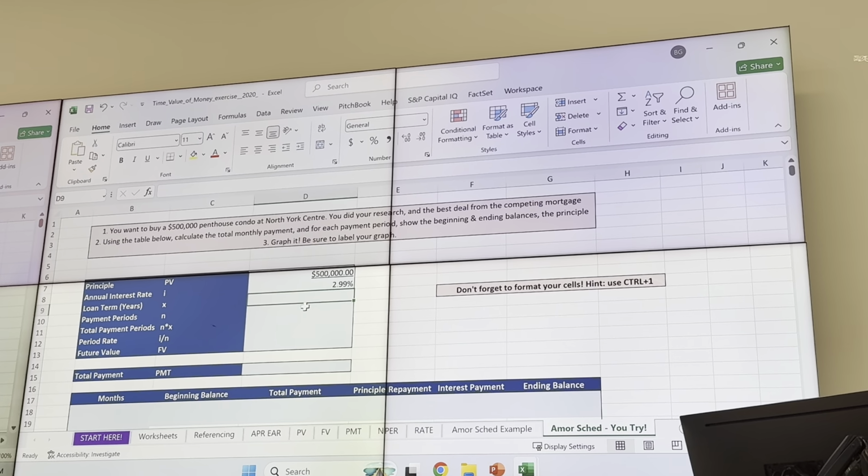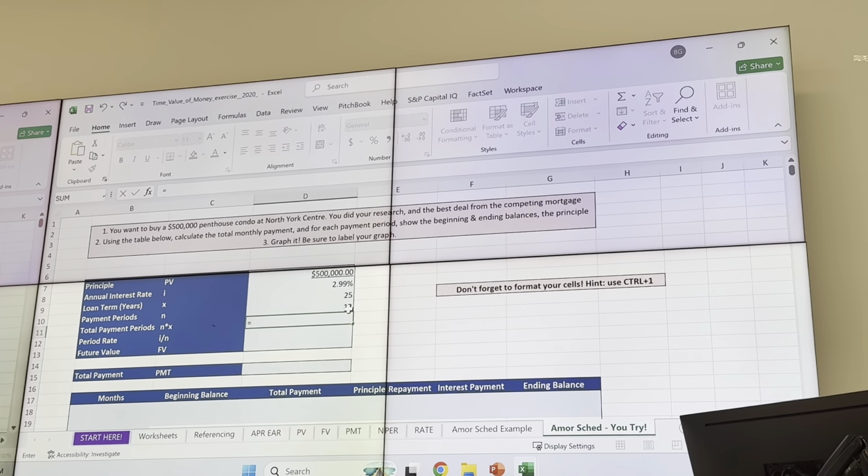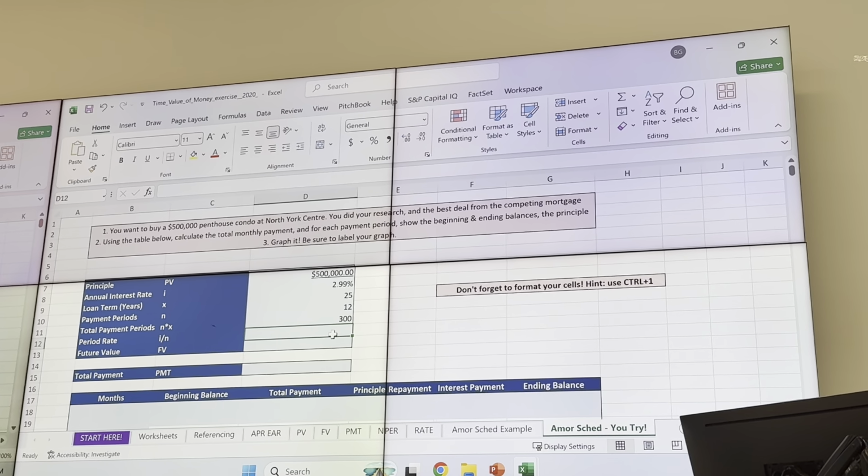So let me input the values. Loan term, number of years, 25 years. It is compounded 12 times a year. Total payments would be N times the compounding periods, which is 25 years compounded 12 times. Multiply this by this, and that's your total number of payments.